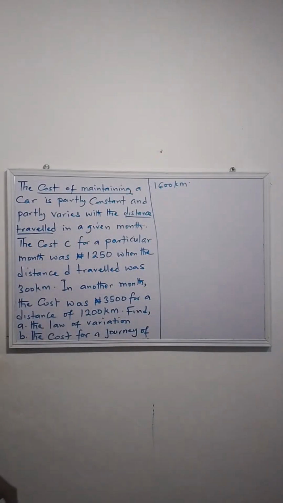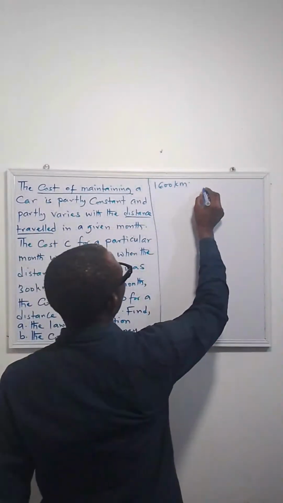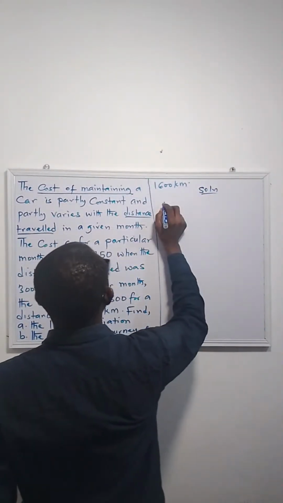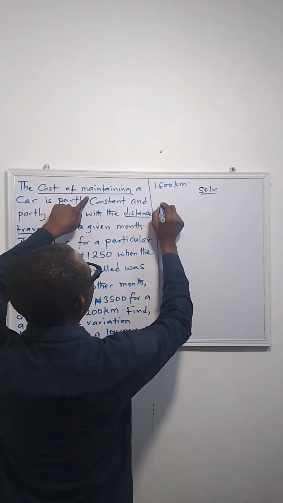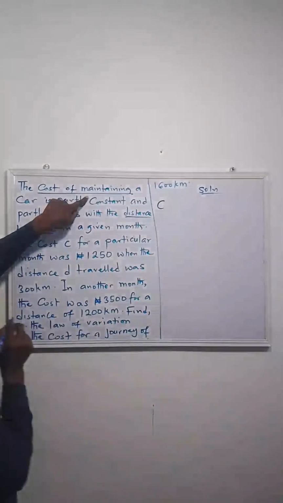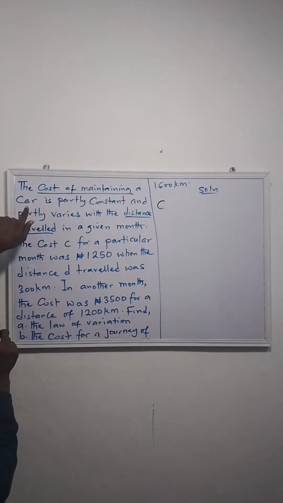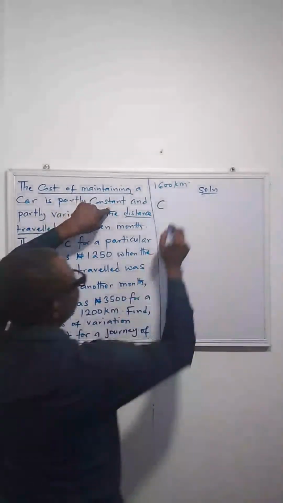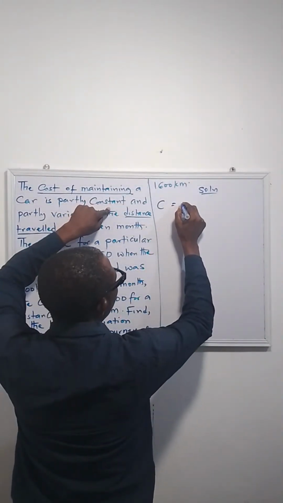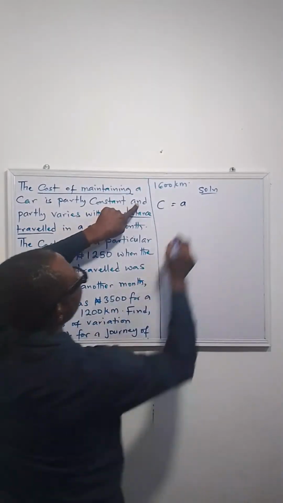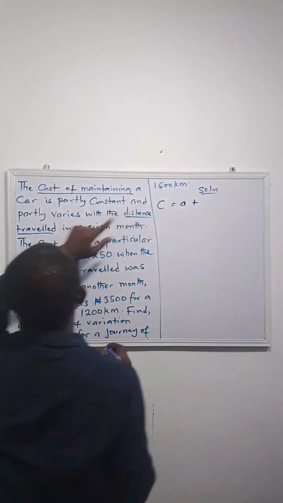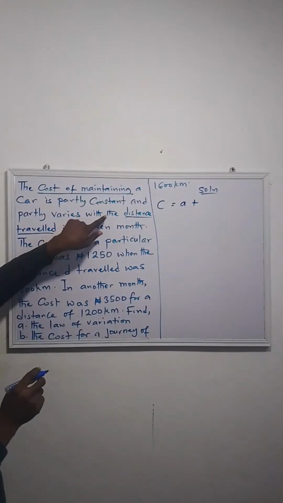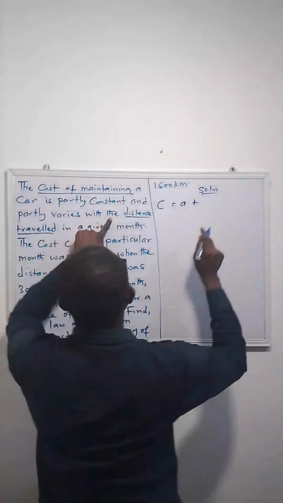So now let us write. Solution. Now the cost C, cost of maintaining a car, is partly constant. That means it equals a constant. Let's represent that constant with small letter a. It's partly constant, plus partly varies with the distance.